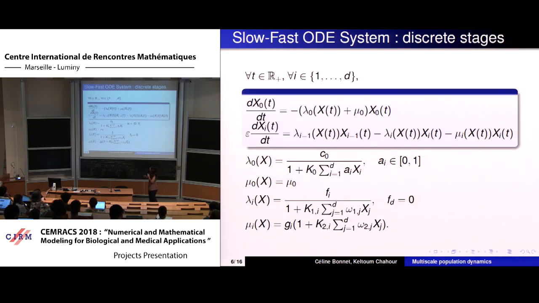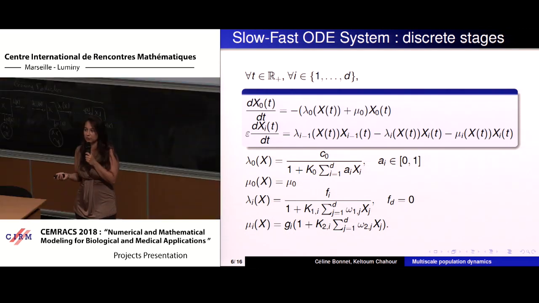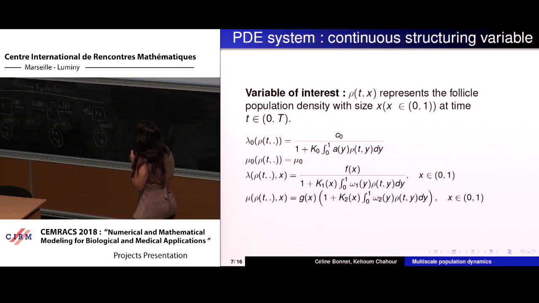I presented this model with a discrete description of the size, and we prefer a continuous description of the size, in part because the actual data and the future data are compatible with taking a continuous variable for the size.